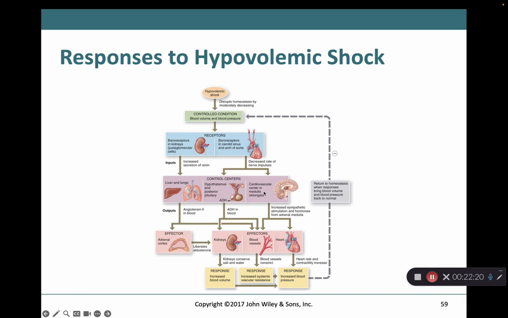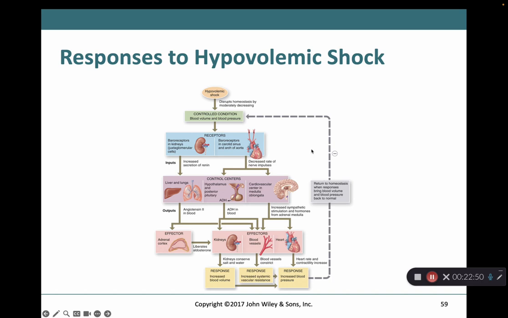And the cardiovascular center in the medulla will increase sympathetic stimulation and increase release of hormones from the adrenal medulla, so the inside of the adrenal gland. These will have the same effect on blood vessels, vasoconstriction, and they will also affect the heart to increase heart rate and contractility, which would increase blood pressure.